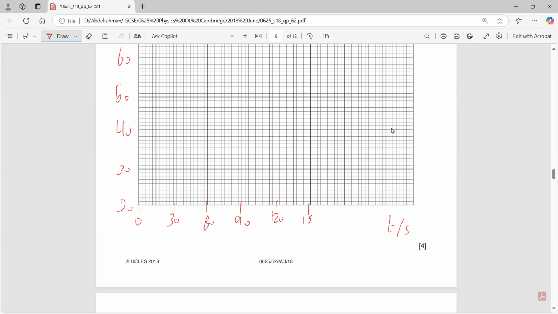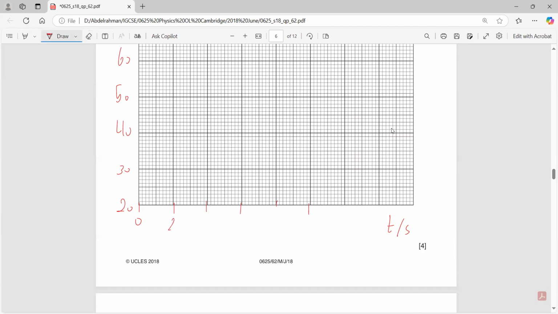120, 150. Can I use a different scale? Yes. Using 30, 60, 90, 120, 150 wouldn't be the best scale. Can I increase it a bit? Yes, I can use 20s.